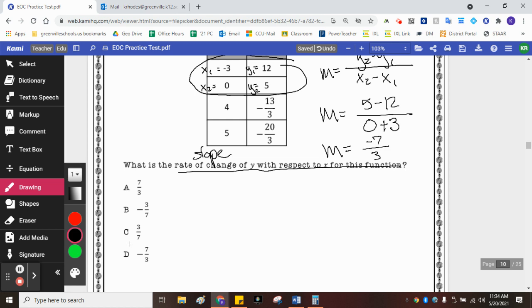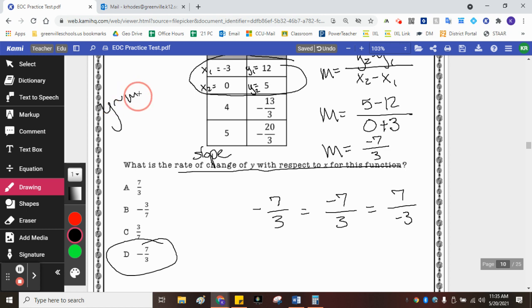So your answer is D. Remember with negative, the negative can be out front, it can be up on top, or it can be at the bottom. All of these are the same. And if you don't like this formula, you can use Desmos and your approximately and figure out what M is.